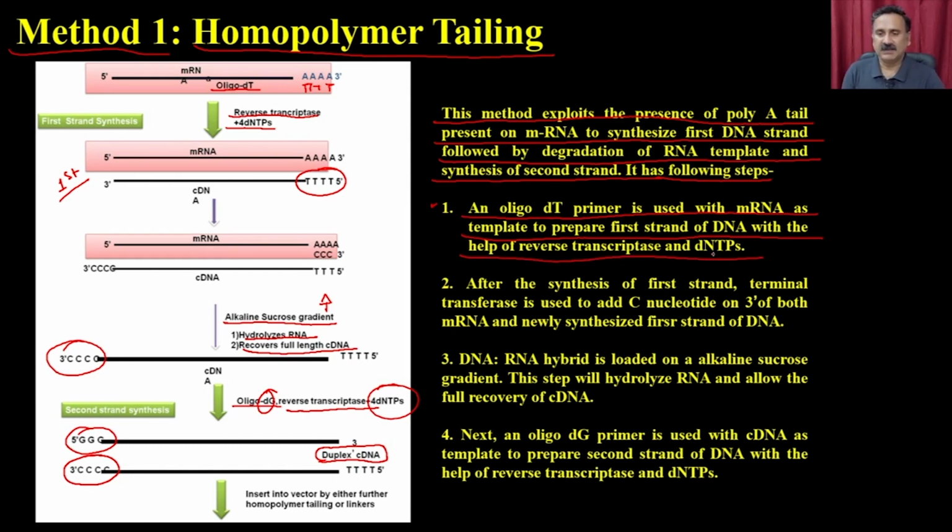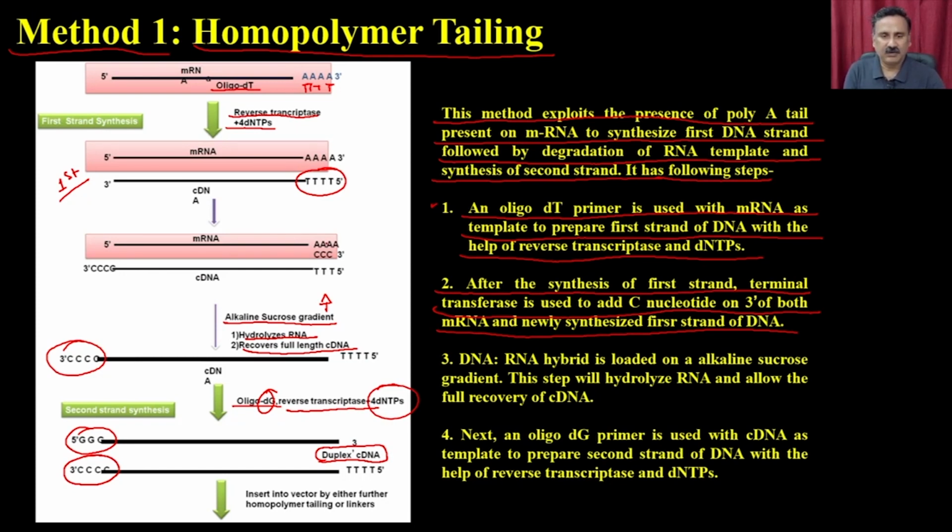Once the first strand synthesis is over, the terminal transferase is used to add the C nucleotide on the 3' end of both the messenger RNA as well as the newly synthesized strand of the DNA.